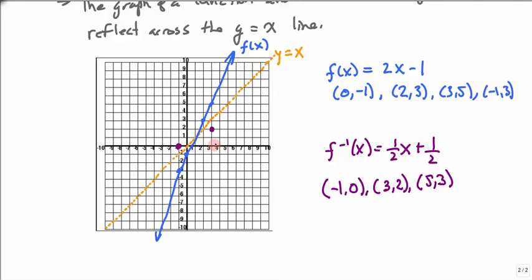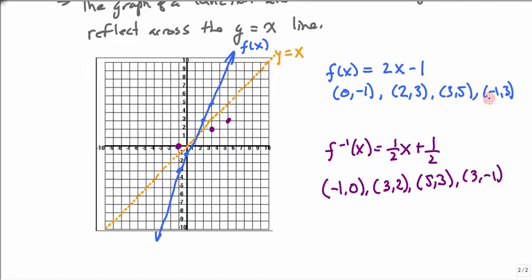So 1, 2, 3, 4, 5, 1, 2, 3. And we can see that's the reflective point over here. And then this point 3, -1, again, is just a reflection of this, would be 3. 1, 2, 3, -1. Well, that one doesn't quite look right. Let's see what we have going on here.